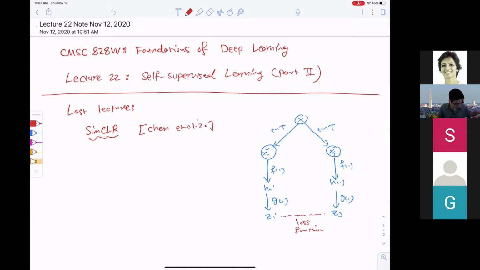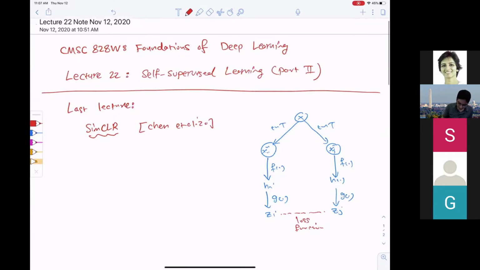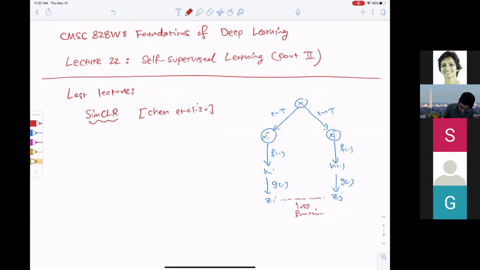Okay. So in the paper, they have some interesting practical observations which improve the performance that they get at the end of the day.